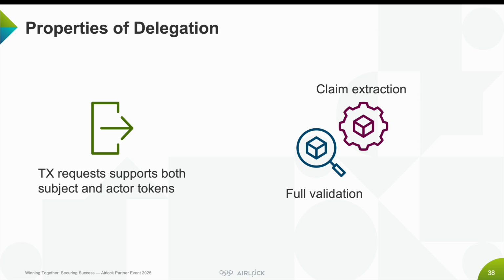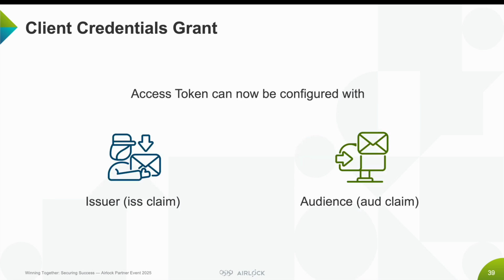We even process it if they don't exist. The full validation is what we know from the past. It extracts the claims, but it also takes the issuer statement, retrieves the JWKS information, and then validates the signature on the token. And if the validation of the signature fails, then the token exchange will fail. So this is it about delegation in token exchange.